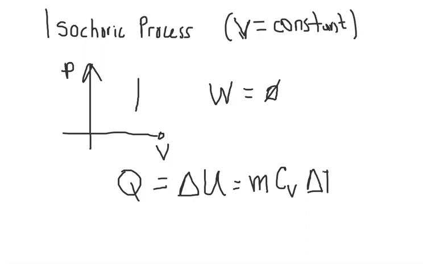Well, this is in the integral form, actually. And if the C is constant, which is not. So at the very end, this is going to be equal to mass times the integral of a function of Cv, which depends on temperature, dT, which is the differential of temperature.